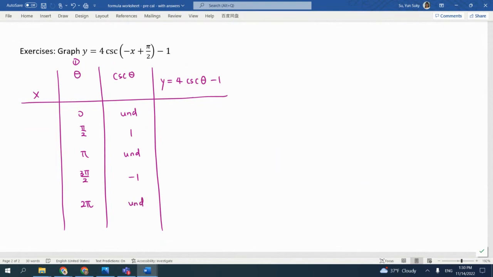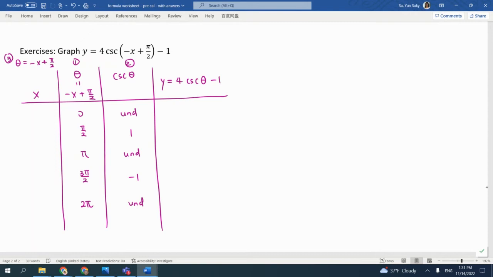Okay. So what is your theta? Negative x plus pi over 2. Yes, everybody? So what is your x? Well, let's see. So theta, step 3, theta is negative x plus pi over 2.